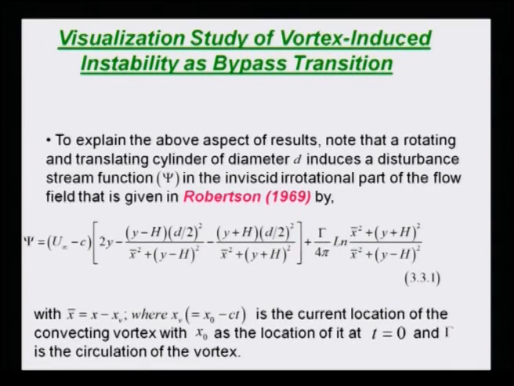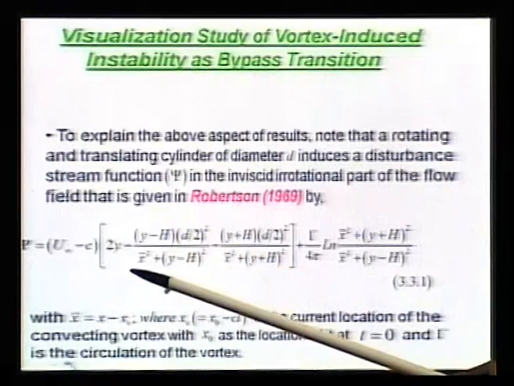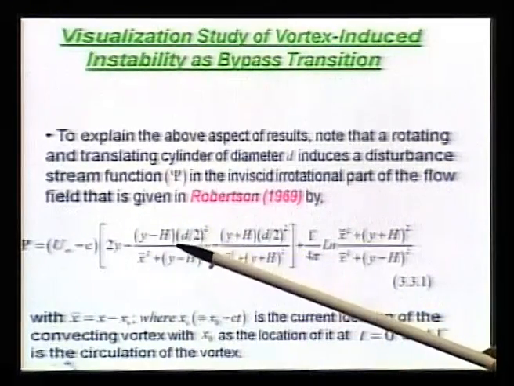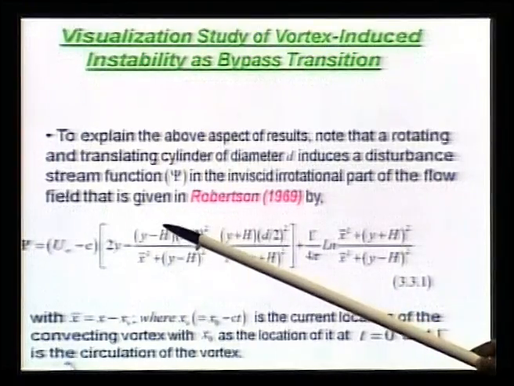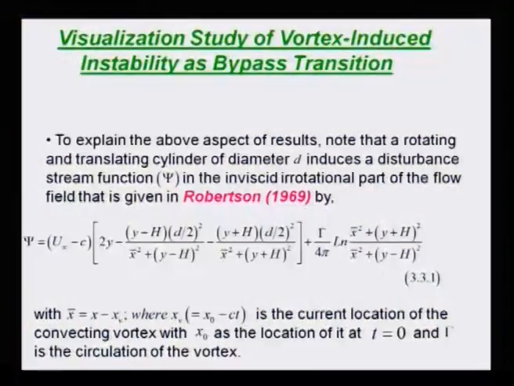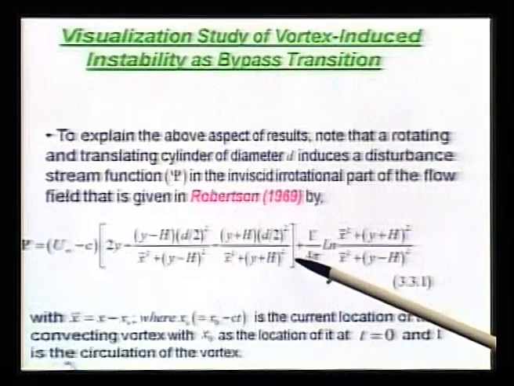So, the relative speed is U infinity minus c, and this term corresponds to the uniform flow part, and these correspond to a doublet and its reflection, because it is going in front of a flat surface. So, you get a reflection at the same height. In one case it is plus h, in another case it is minus h.